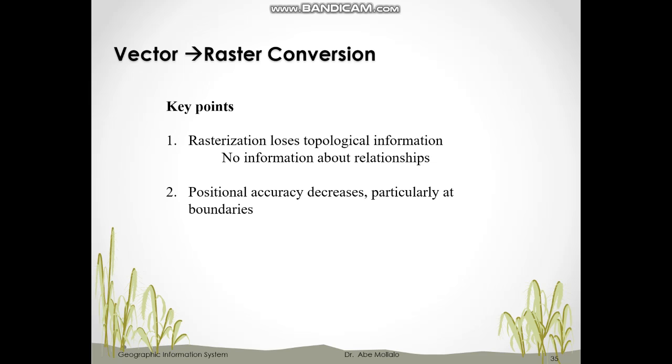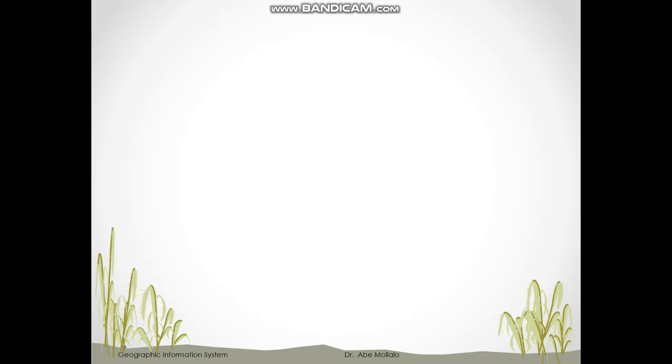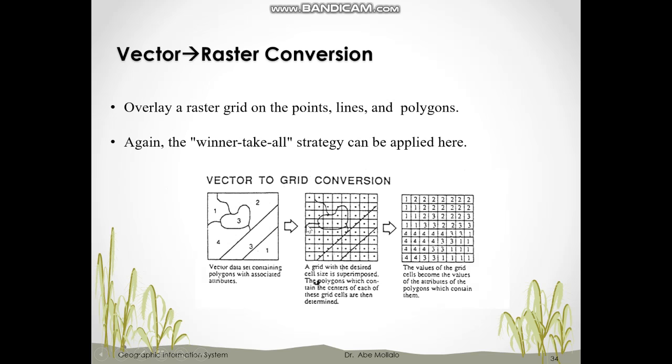And second, the positional accuracy will decrease, particularly at boundaries. Why? Because at boundaries we apply the winner-take-all strategy. That means that the details will be missed. Every cell can only accept one value, for example here, either polygon 1 or polygon 4.